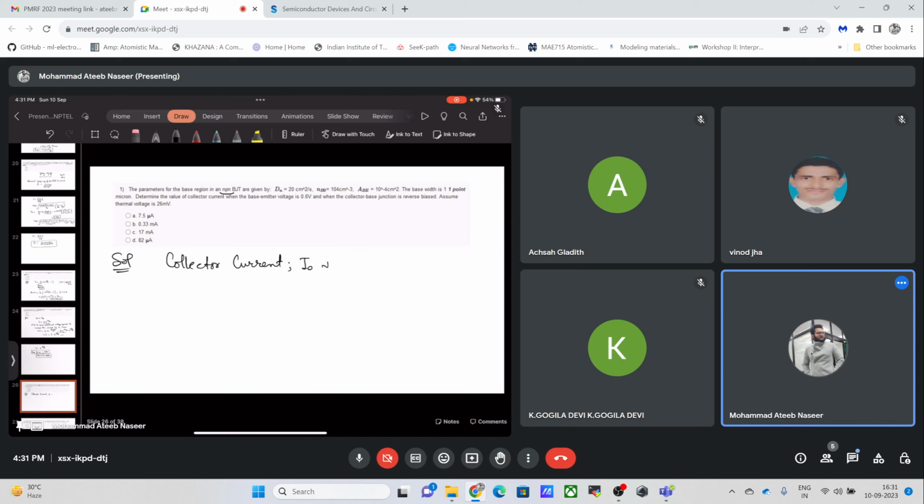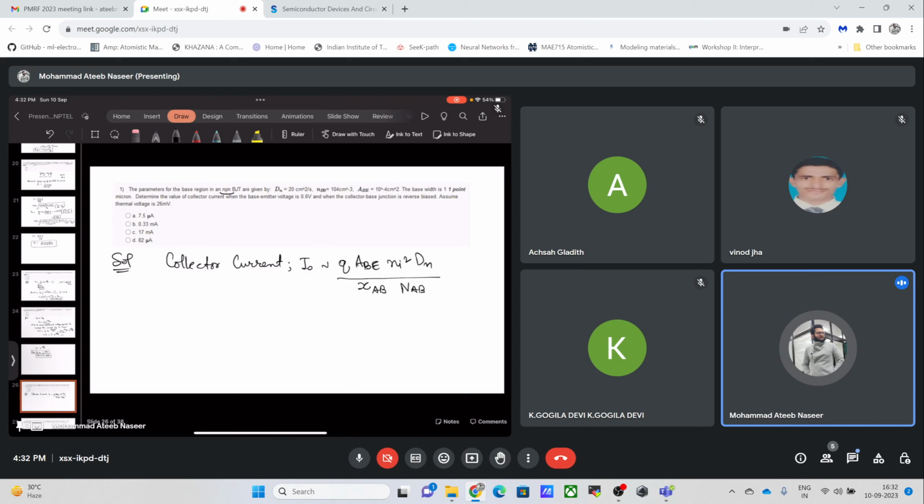the collector current is simply equal to Q times area times Ni square, Dn is the diffusion constant of these electrons, divided by the base width times NAB.